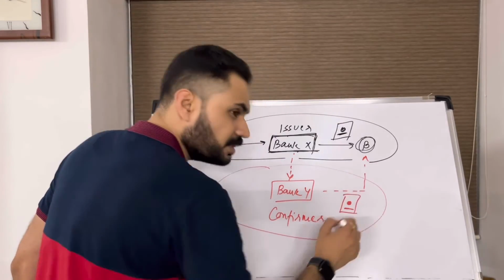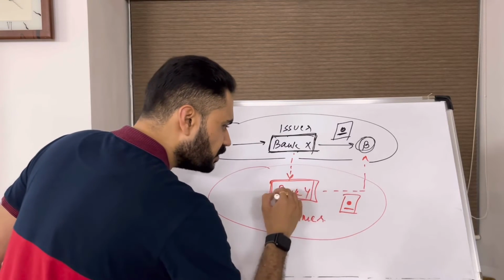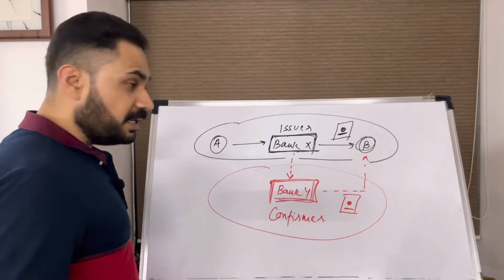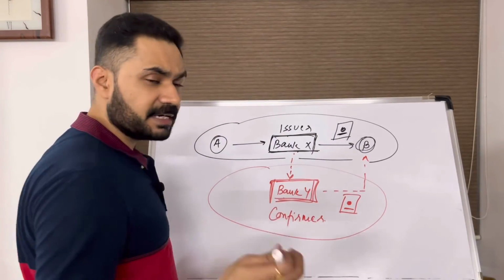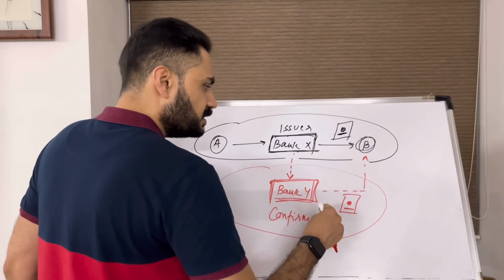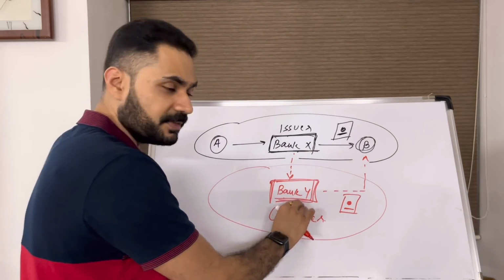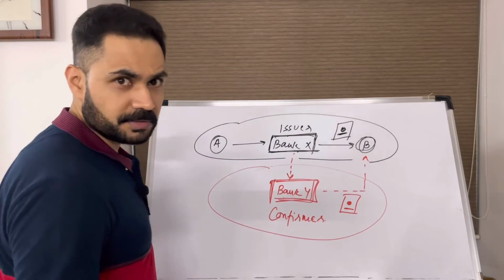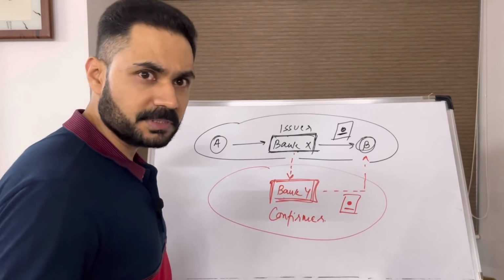If this is not there, then the beneficiary will present the documents at the place where the undertaking was confirmed. Now in case of confirmation, the beneficiary has the right to present the documents either to the bank which confirmed the undertaking or to the issuer. And at any place the beneficiary can present the documents.